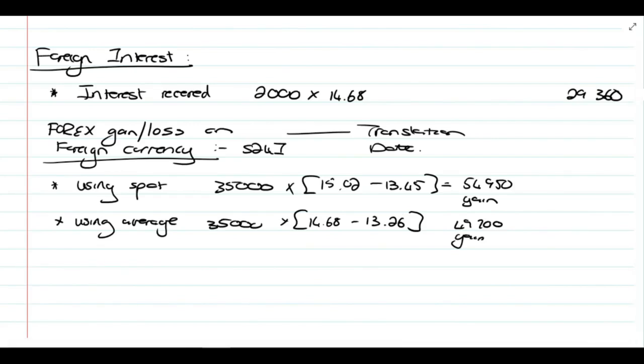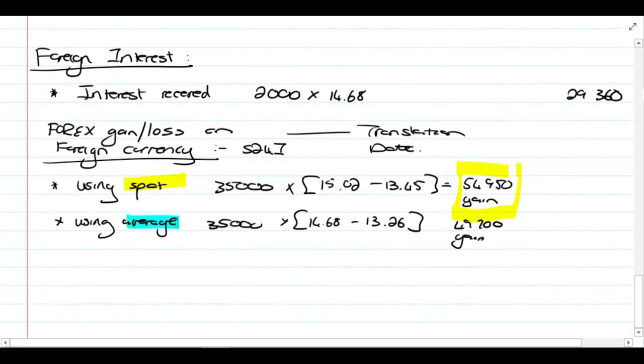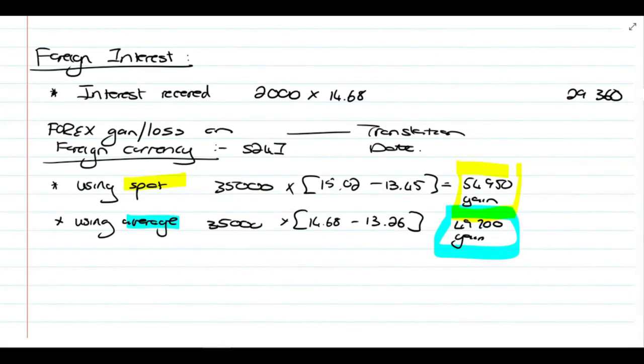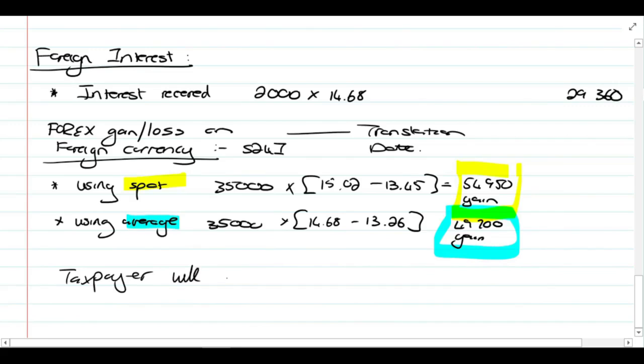So which one will she use? Spot gives us 54,950, and average gives us 49,700. Both of these amounts are included in gross income. So which one will she use? She will choose the lower one because it's less tax. So she'll choose to use the average.